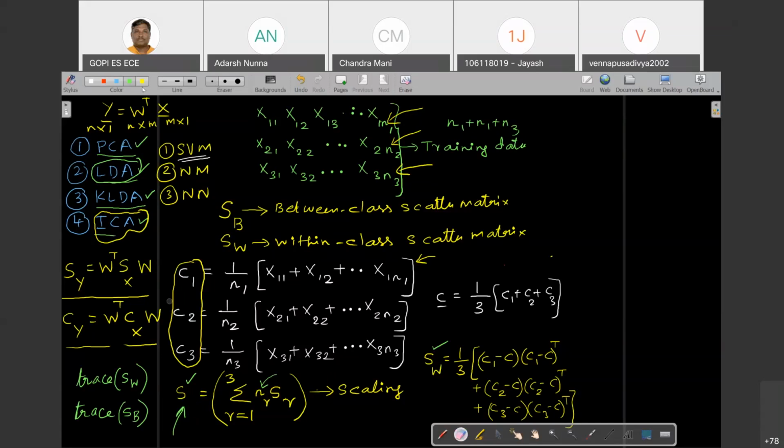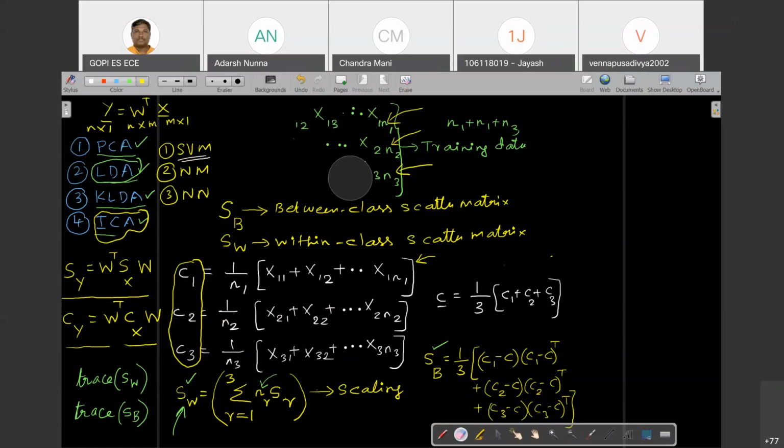This is going to be your SW, the within class, how close the vectors are to each other, and this is going to be the between class, SB, right? So the trace of SW will give you how close the vectors are within the class, and the trace of SB will give you how well separated the centroids of the various classes are, right?